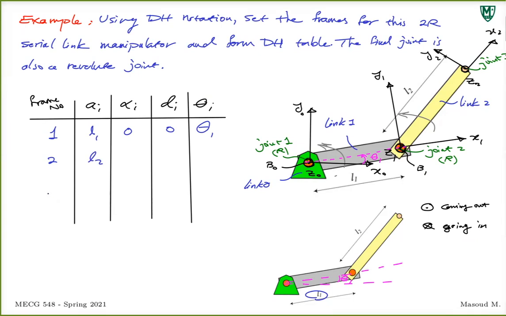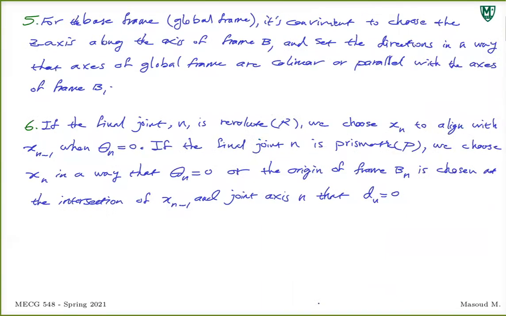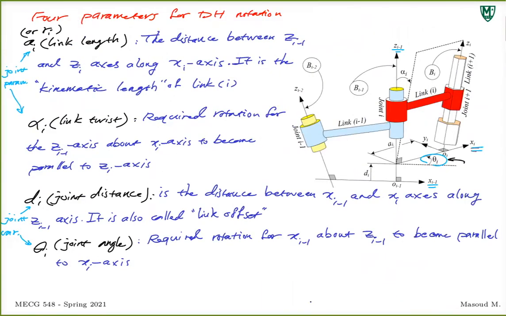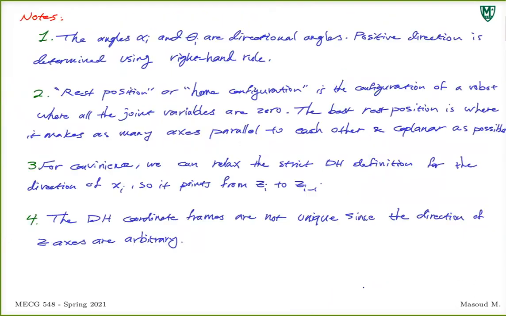Alpha 2 is the angle that z1 has to rotate to become parallel to z2, and that rotation happens about x2. I'm not making this up, I'm using the definition. Alpha 2 is the required rotation for z1 about x2 to become parallel to z2.